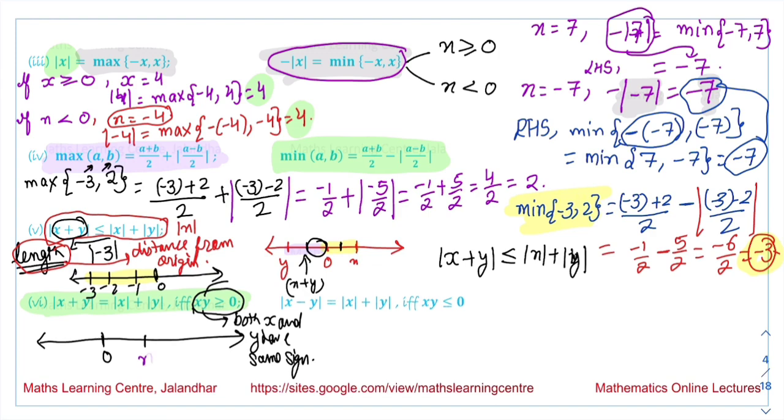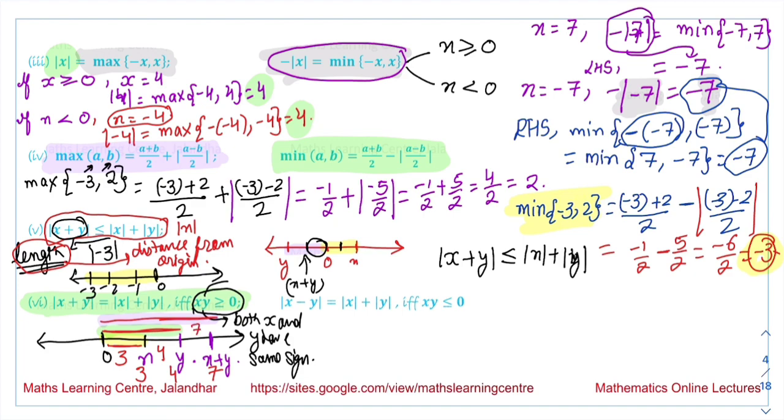So this is the point x, say this is the point y, both of these are positive. So there will be a number over here that is equal to x plus y. Now the distance of the origin from x plus the distance of the origin from y is equal to the distance of the origin from x plus y. Suppose this number is 3, this number is 4, this number is 7. So this distance is 3, this distance is 4, and this distance is 7.